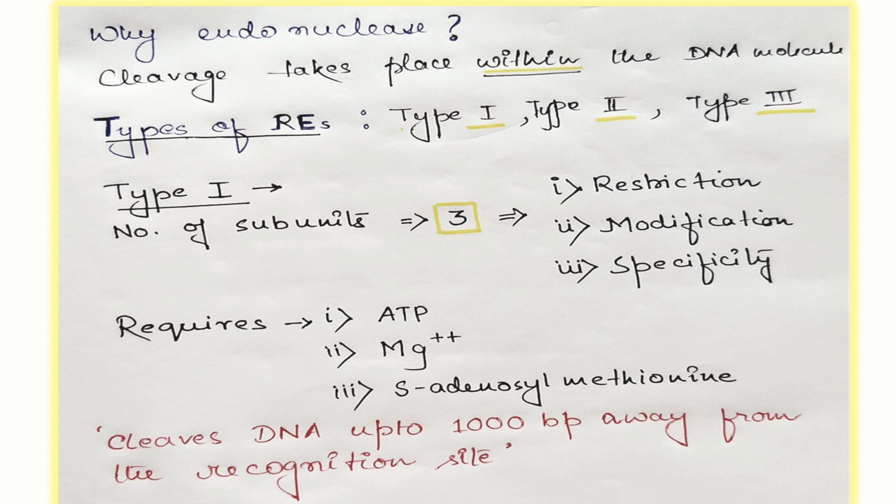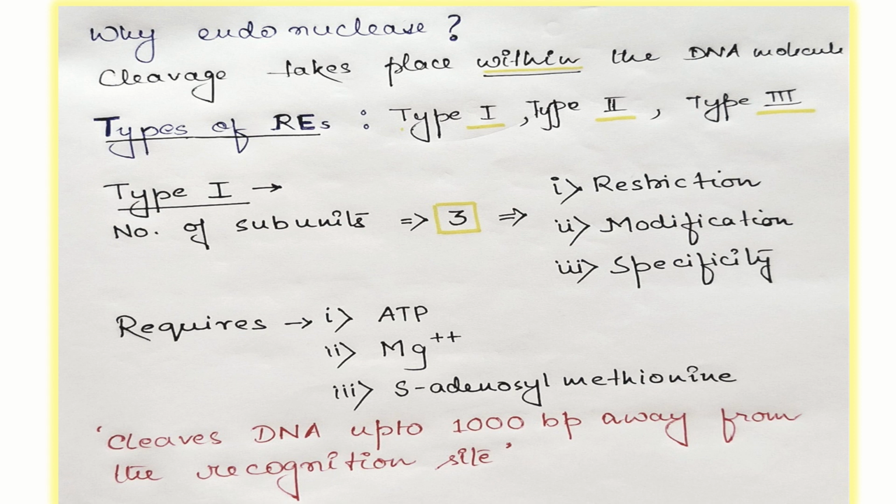To perform its activity, this enzyme needs certain components. What are they? They need ATP hydrolysis for their function, they need magnesium ions, and lastly they need S-adenosylmethionine. The last line of the slide is very important.